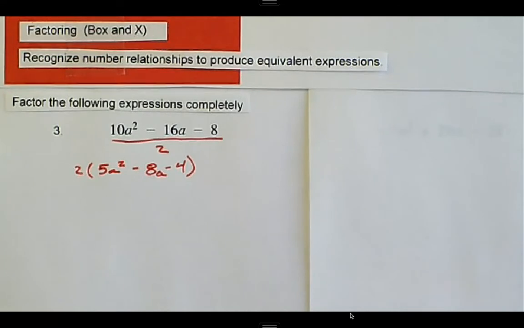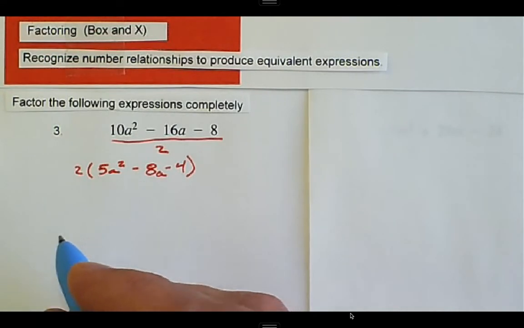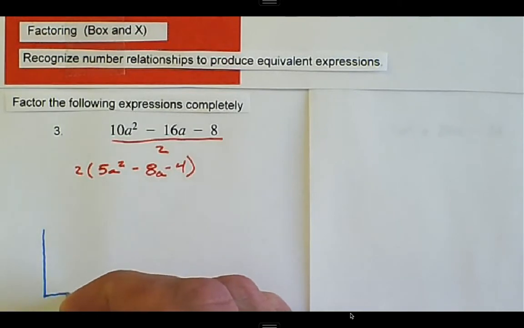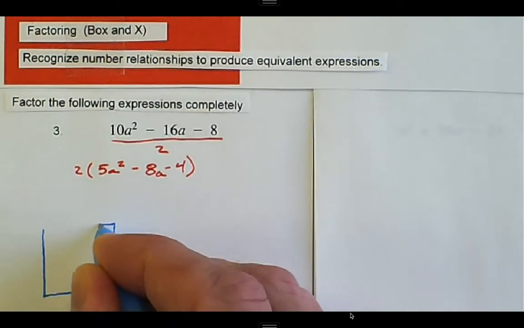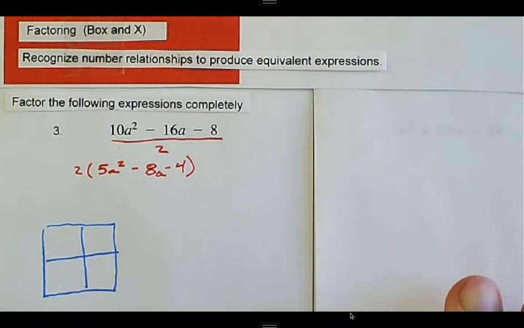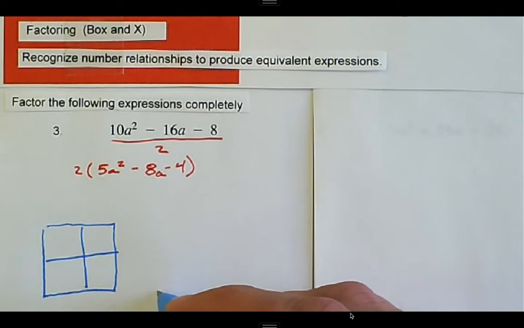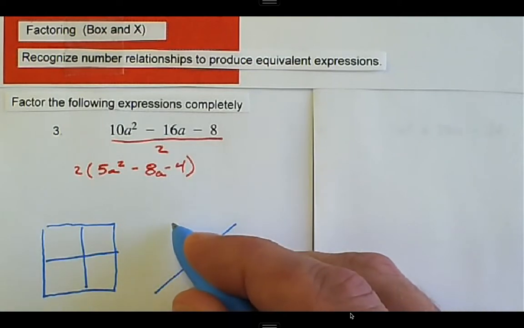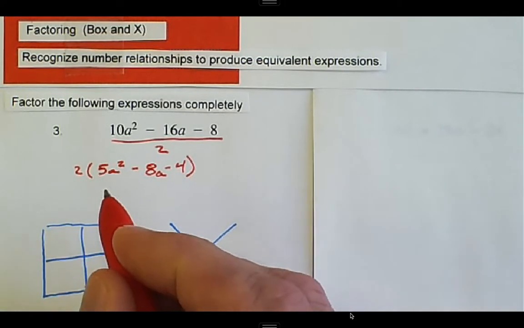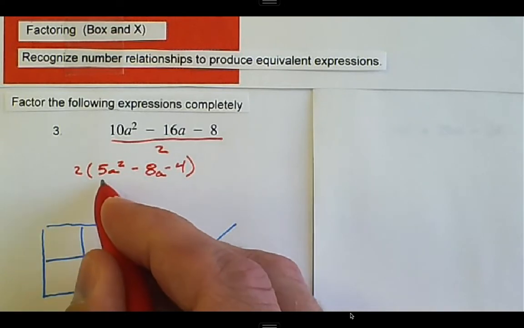So for the box and X method, we need just that. We need a box and an X. So we'll make the box. And then we need an X as well. Three of the boxes we're going to fill out without really doing anything. They're just always occupied by the same terms in the quadratic.